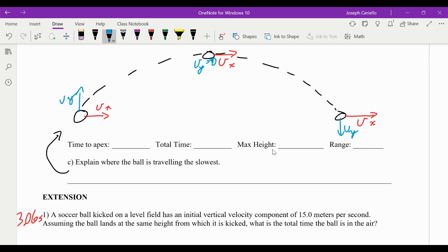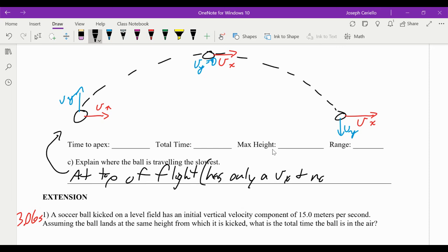Vx is always the same, but Vy changes. So where is it traveling the slowest? At top of flight. Why? It has only a Vx and no Vy. All right, really important idea there.